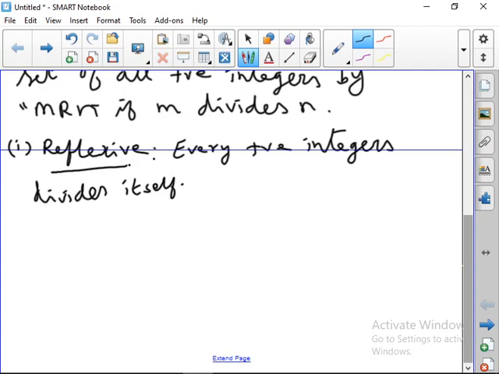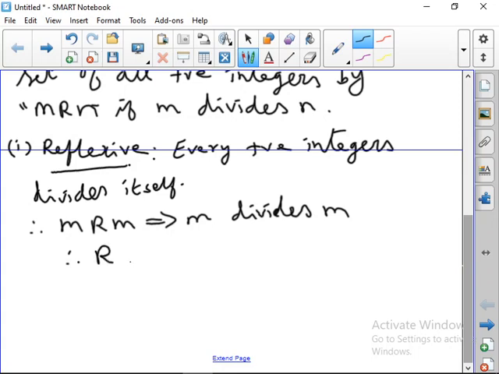Every positive integer divides itself. Therefore, m related to m means what? m divides m. Therefore, R is reflexive.